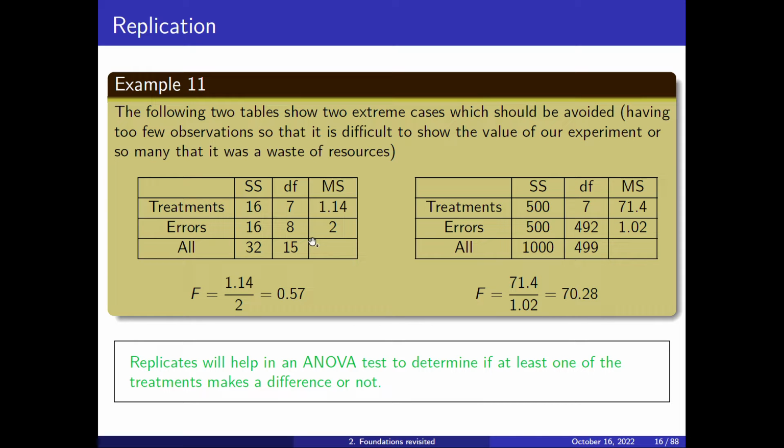So you have to avoid both situations. In general, what is recommended is that the number of degrees of freedom for errors is somewhere between 10 and 15, or 15 and 20, depending on how many degrees of freedom you need for the treatment, but something in that range, around 20, is relatively recommended to have enough power.